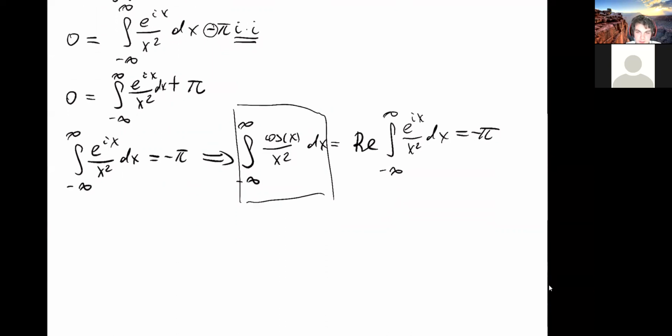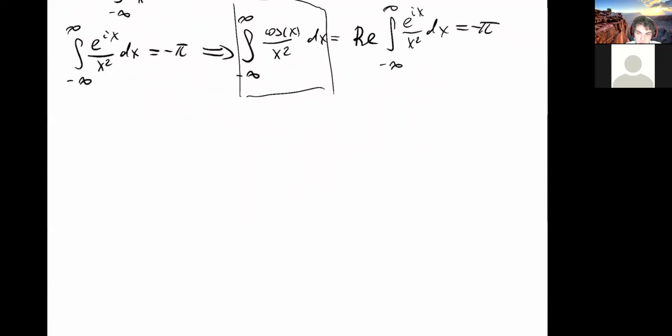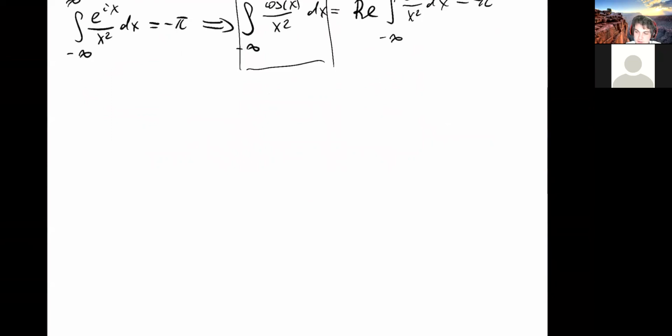Okay, so this was a reminder of what we were doing last time. Now we'll do two more important things that involve these indented paths. So, okay, the book calls it an indentation around a branch point.